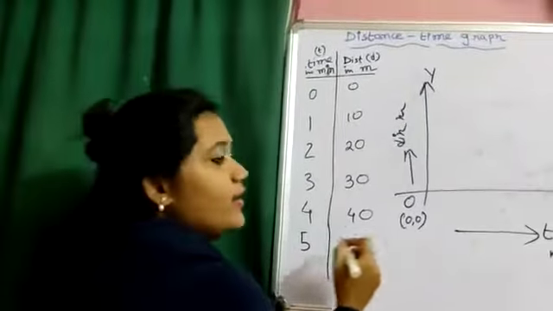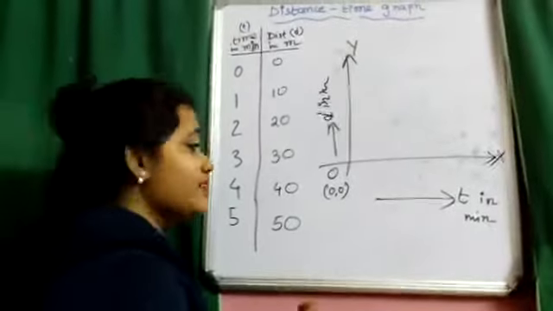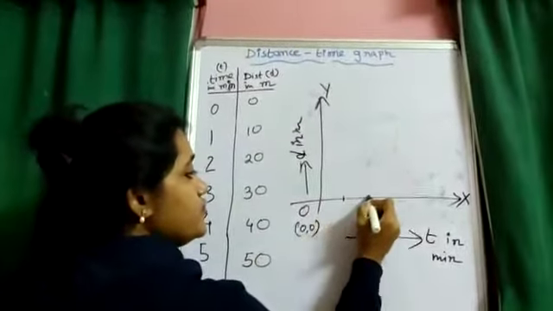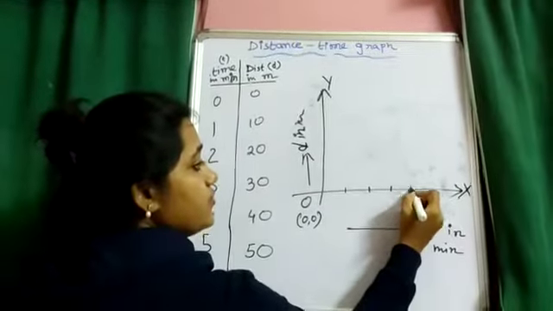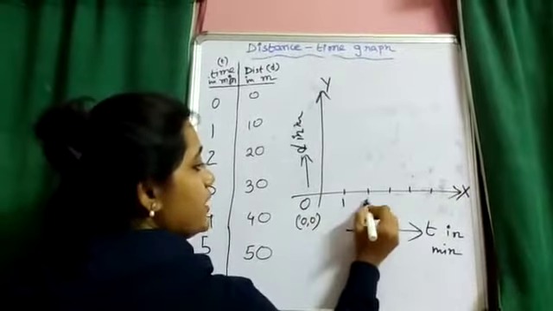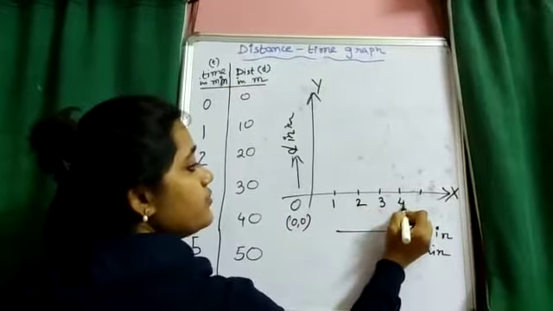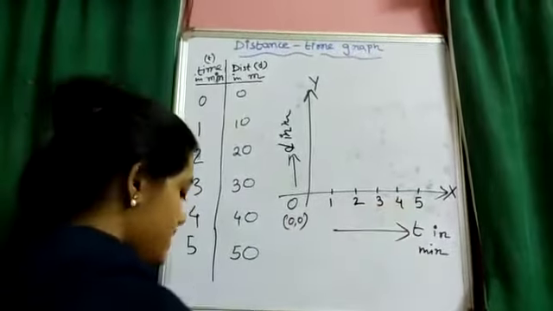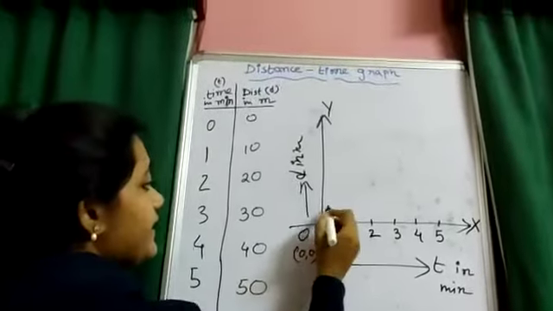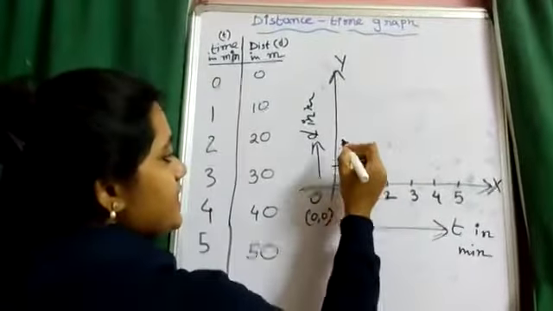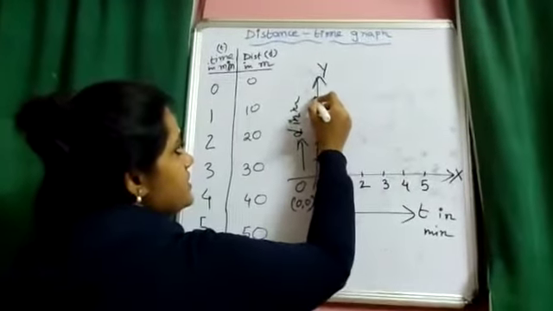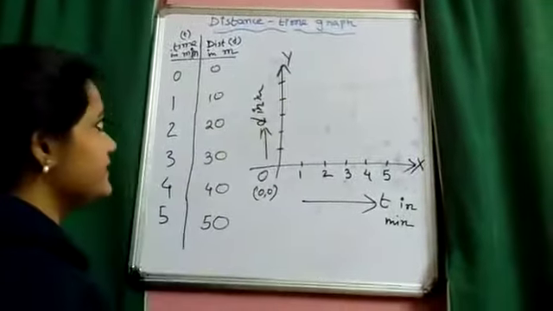Okay, now let us plot 1, 2, 3, 4, 5 in minutes. That is 1 minute, 2 minutes, 3 minutes, 4 minutes, 5 minutes, like this. And here I am plotting 10 meters, 20 meters, 30 meters, 40 meters, 50 meters, like this.